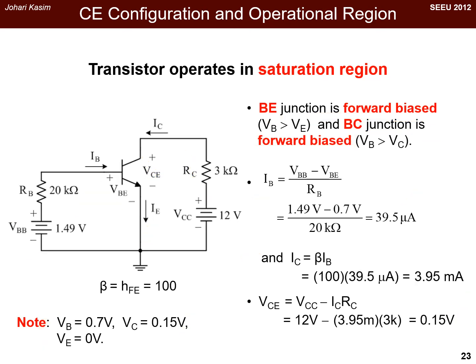This is the circuit where the BJT operates in the saturation region. The circuit is the same as before, only we increase the voltage VBB from 1 volt to 1.49 volt.